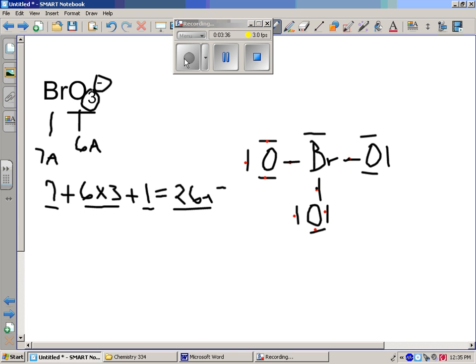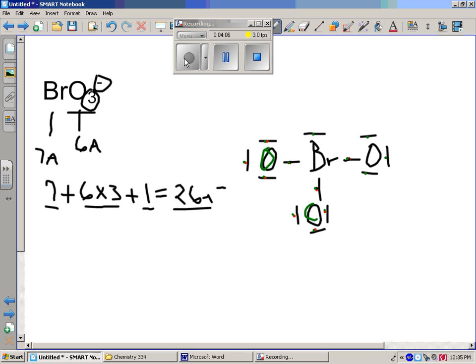I should always go back and double check my work, count up the total number of valence electrons. So 2, 4, 6, 8, 10, 12, 14, 16, 18, 20, 22, 24, 26. So there are 26 valence electrons shown. I also have 8 electrons in contact with each of the atoms. So this oxygen has 4 lines around it, so that's 8 electrons.